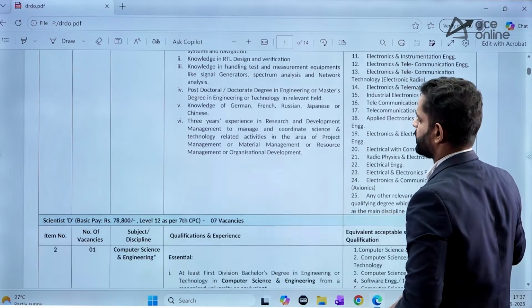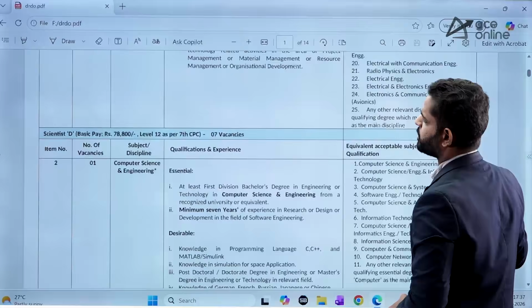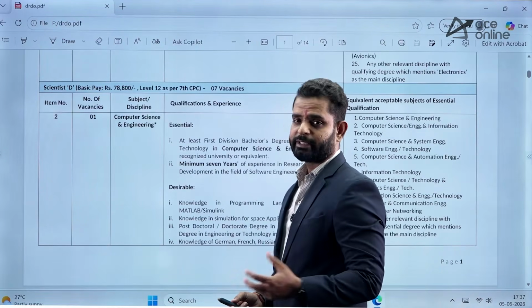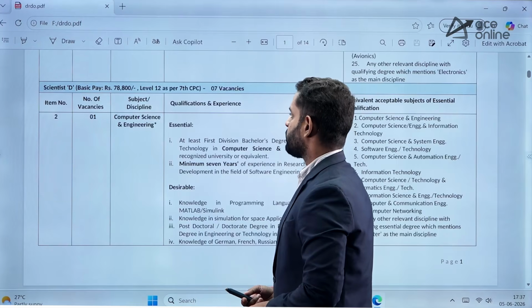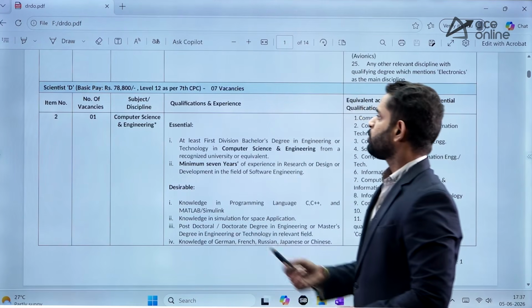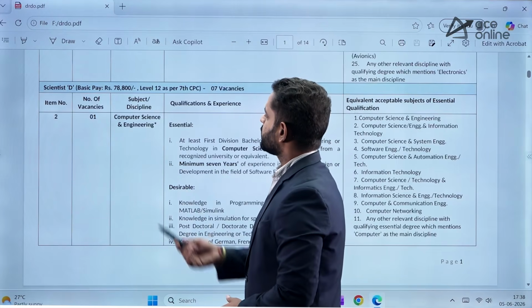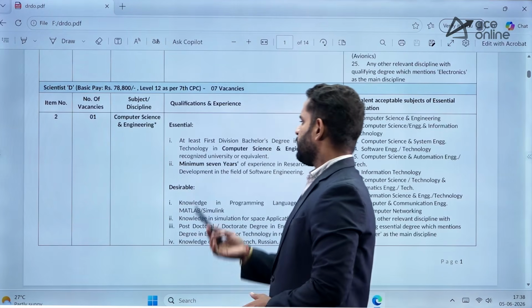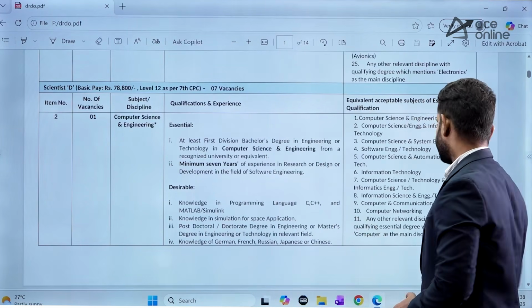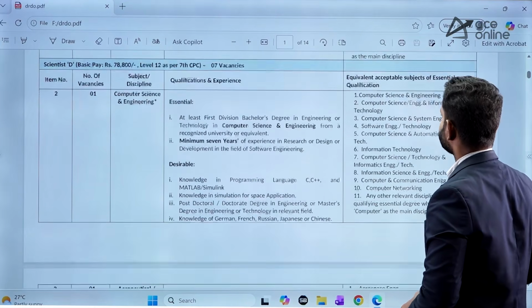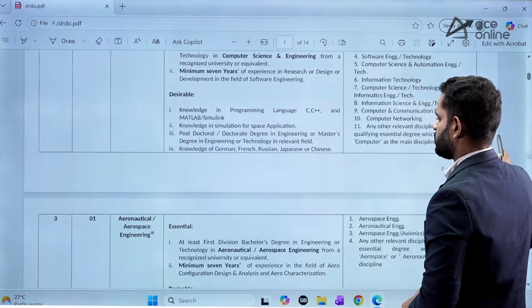Let's see the next post, that is Scientist D. Here the basic pay is rupees 78,800 at level 12 as per the 7th CPC, and a total of 7 vacancies are out. One vacancy for computer science and engineering, and here essential qualification and experience are mentioned, and equivalent acceptable subjects of essential qualification are also given.